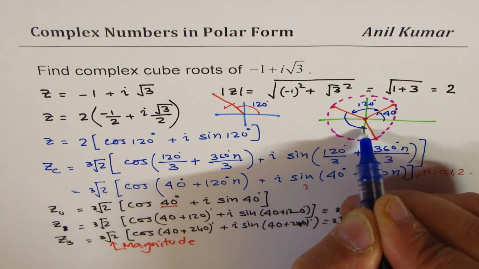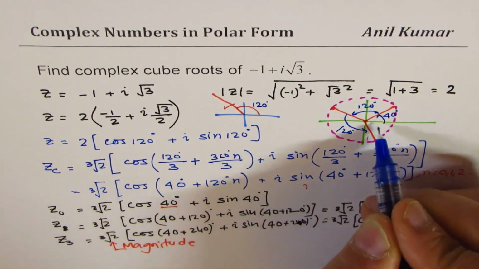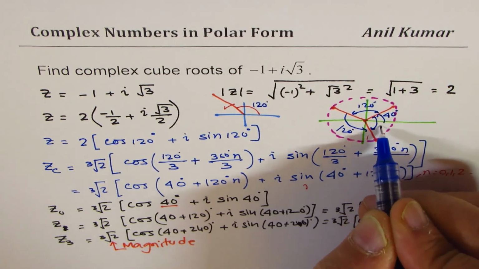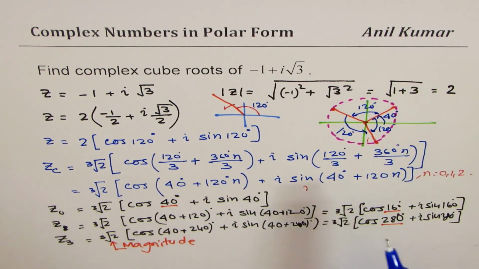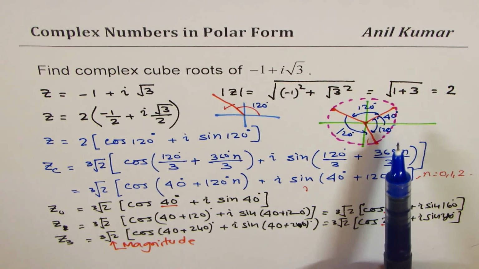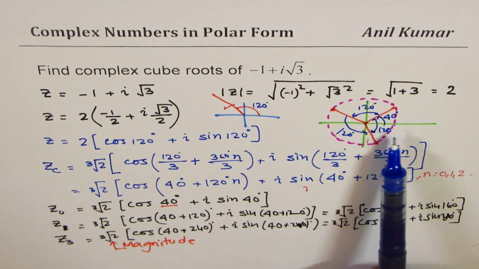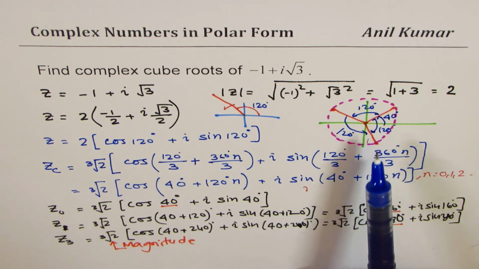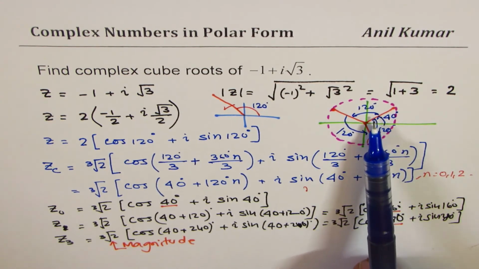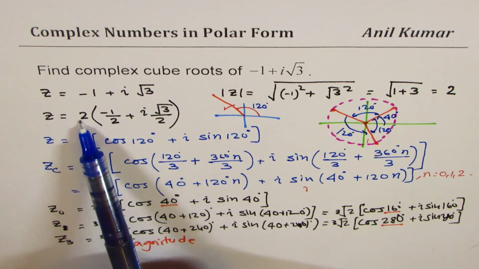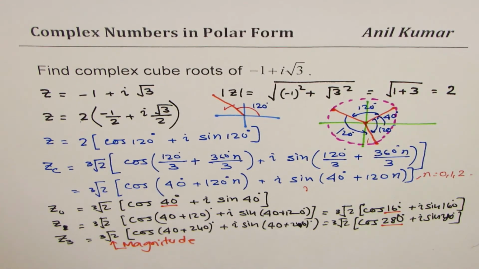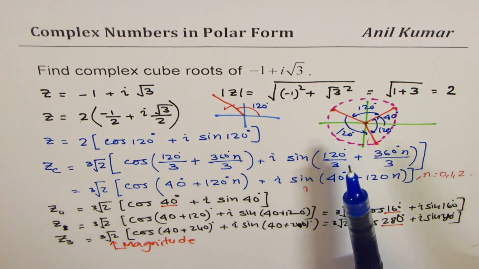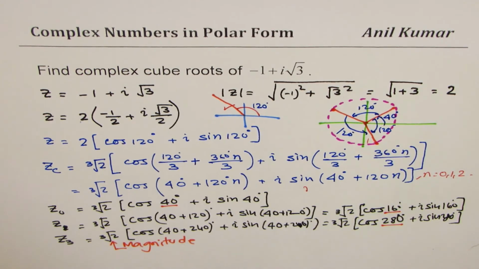Do you see that? So if we are finding the cube root, we divide 360 by 3 and get the 3 roots. And the magnitude will be the cube root of the magnitude of the complex number itself. So that's a very important concept. It gives you the overall picture of how easily we can find roots of this, right?